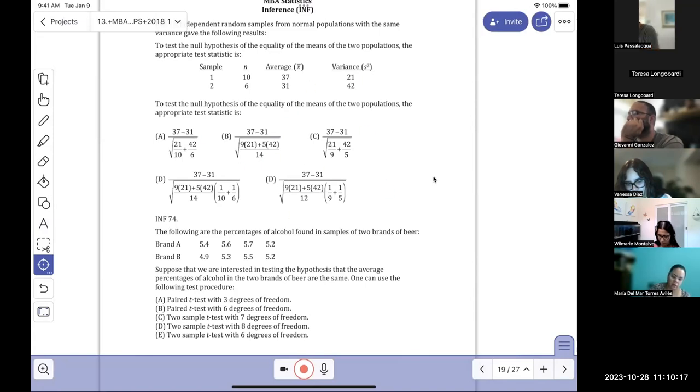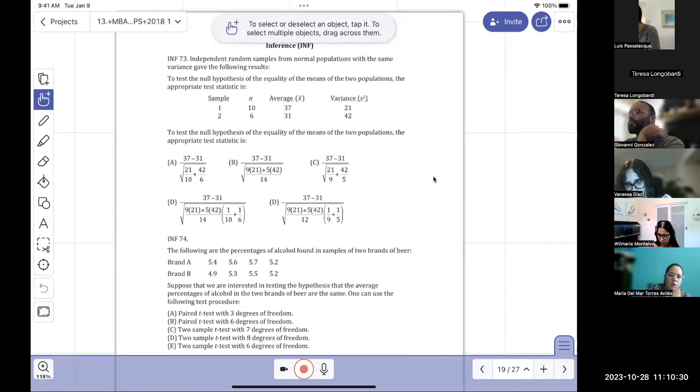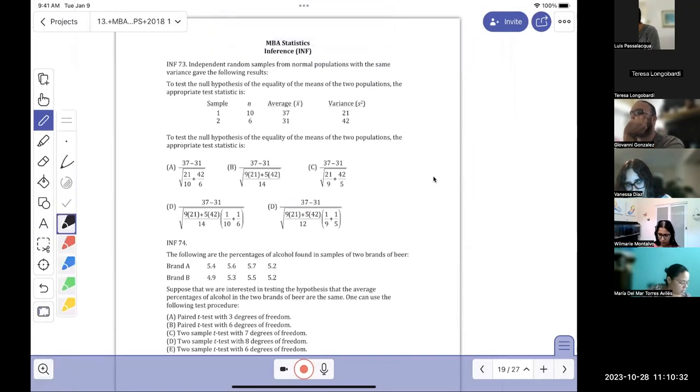That one is exempt. Anything that says two sample t-test for independent samples, we're not going to do that. We stop at matched pairs tests.